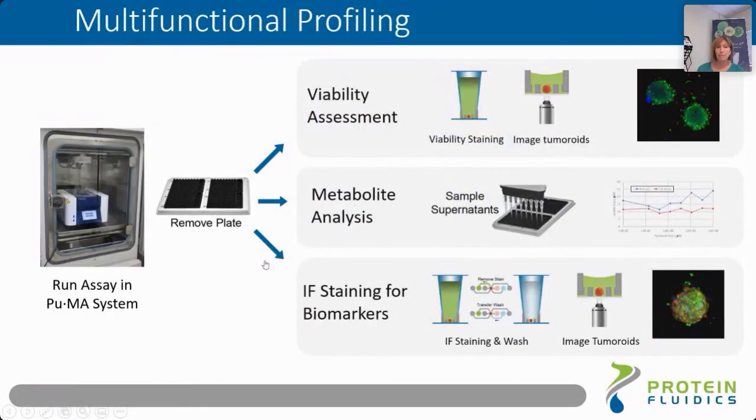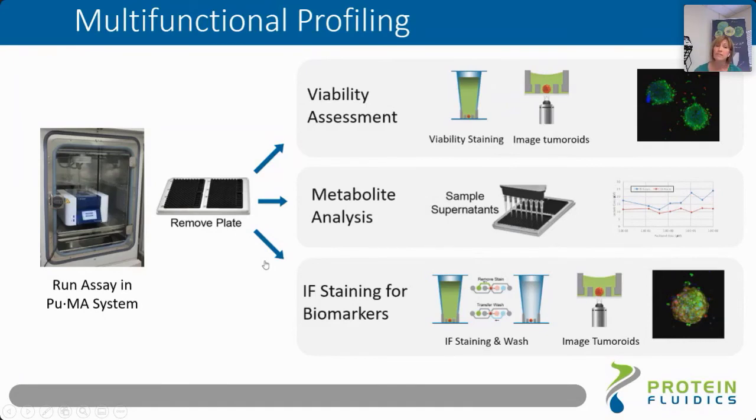And to wrap up, I would like to show you in general how we approach multifunctional profiling. This particular study was done using breast cancer patient-derived tumoroids. We treated them with different compounds. And what we've done, first we stained them with viability stains to assess the viability profile of these organoids using confocal imaging.